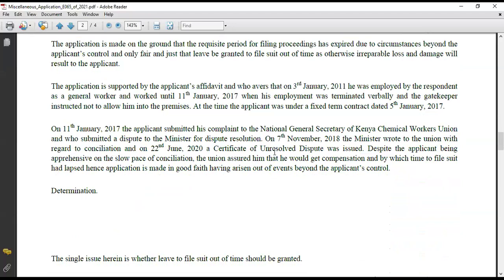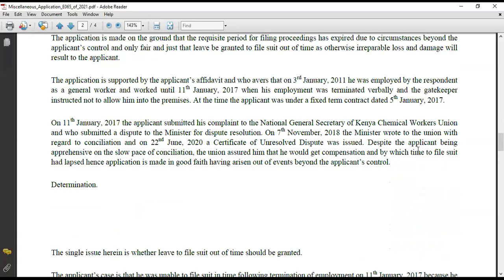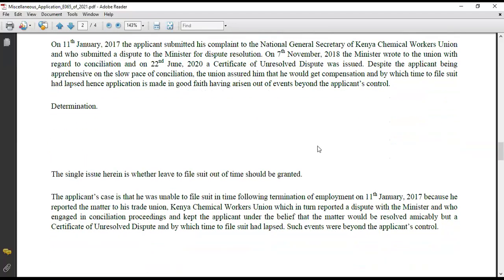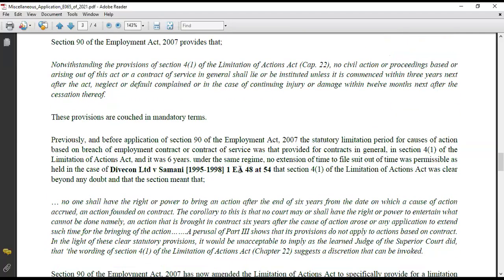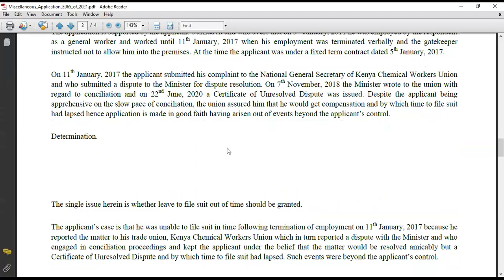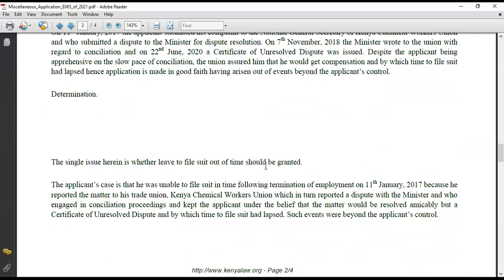So the reason why he did not bring the case on time was that, through his trade union, Kenya Chemical Workers Union, the matter was taken to conciliation. The question was whether leave to file the suit out of time could be granted.